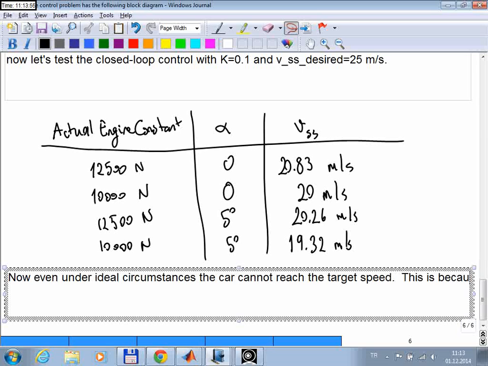This is because the static control system we used, with G sub C equal to a constant number, is not good enough.